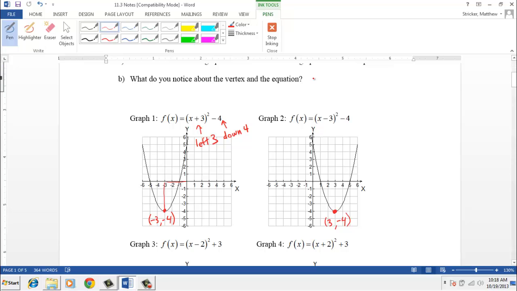And what you should have noticed is that the vertex, in relation to all the other points on the graph, is the lowest point, i.e., it has the smallest y value of all the points on the graph.